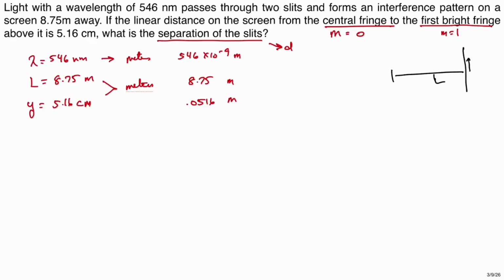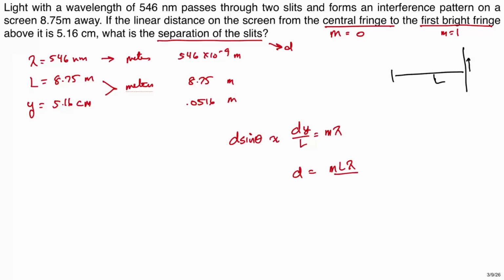So which equation are we going to use? Again, d sine theta and d y over L are pretty much the same thing. All right, so we'll solve this for d, not too hard.